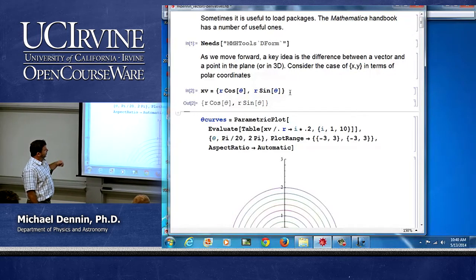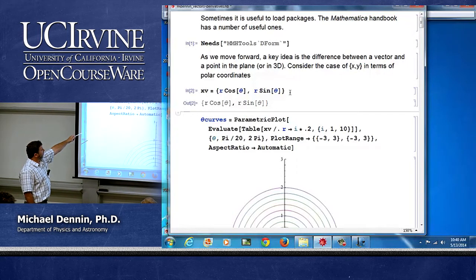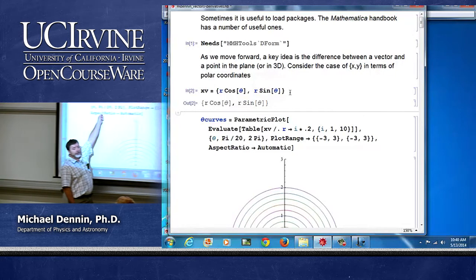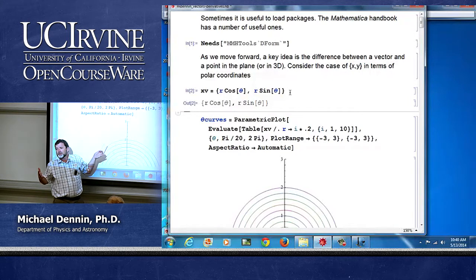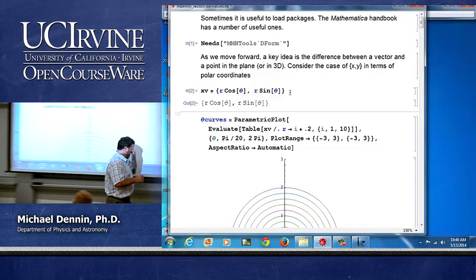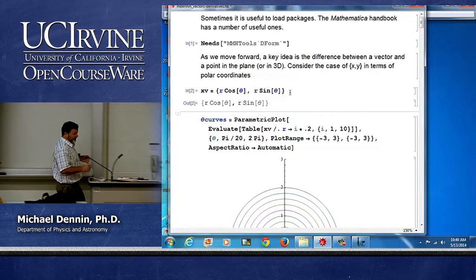Now, one of the things we're also going to use is Evaluate here, because if I stick a table inside the plot and I don't do Evaluate, I don't get different colors. That's just one of those weird things about Mathematica, and I want to get my different colors. And I'm going to set the aspect ratio to automatic because I'm going to add it to another plot later.